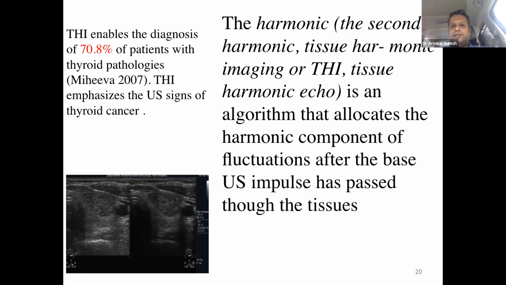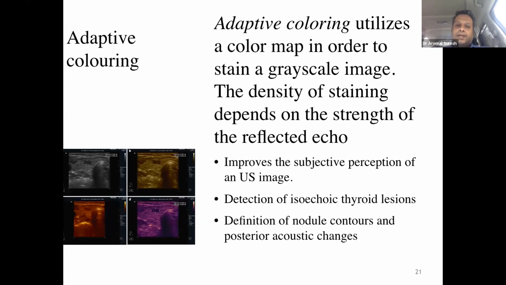with thyroiditis surroundings. The second thing is adaptive coloring. Adaptive coloring is the color map as such. If you're using only grayscale, you have only 256 shades of gray. With color mapping, the margins can be better made out compared to the other things.